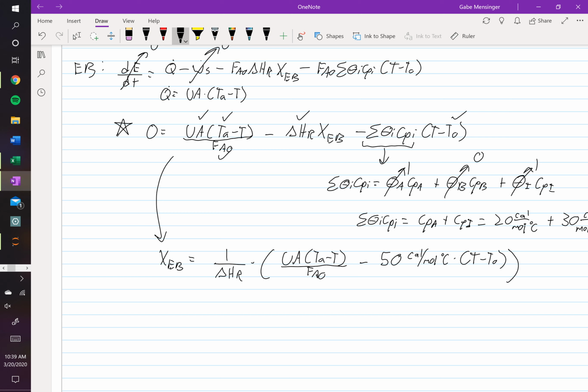And if you remember, in the energy balance we assumed steady state, and at steady state the conversion of the energy balance needs to be equal to the conversion of the mass balance.